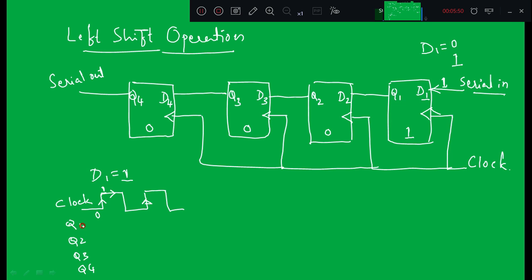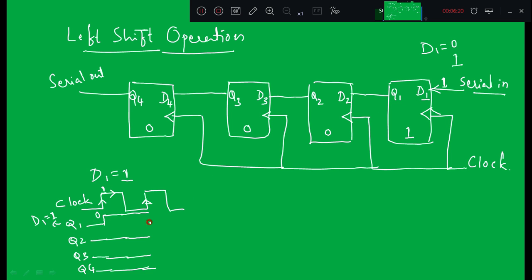Okay, so when initially all are 0, when the first edge occurs, Q1 will become 1 because D1 is high, right? So Q1 will become 1, and Q2, Q3 and Q4 will remain 0 until the next edge occurs. Now when the second rising edge occurs, let us assume D1 is equal to 1.